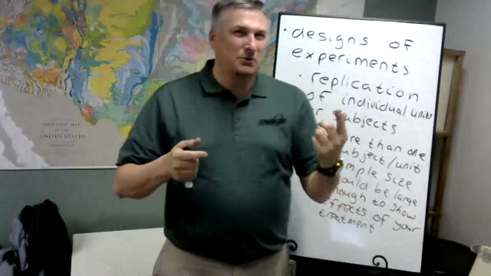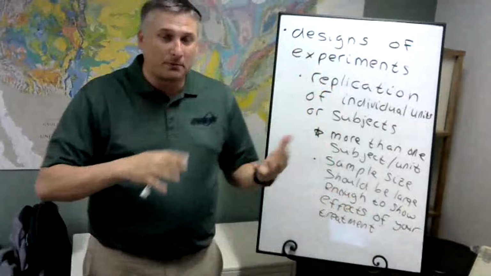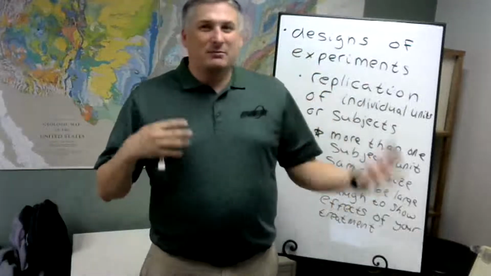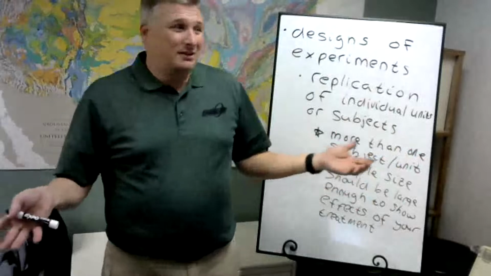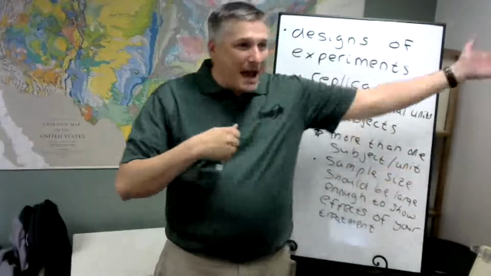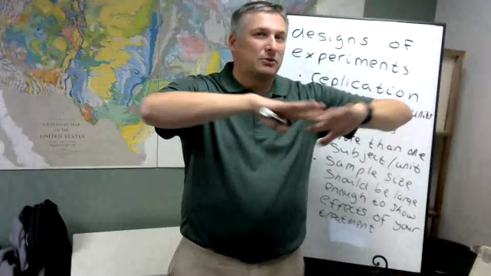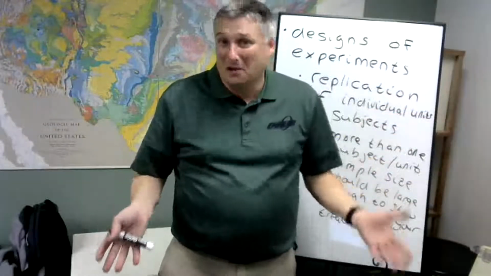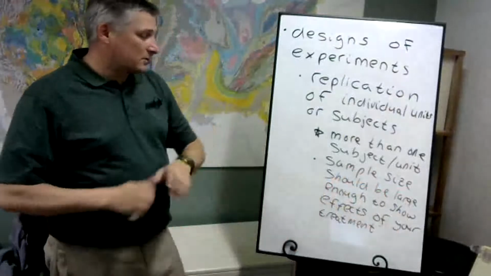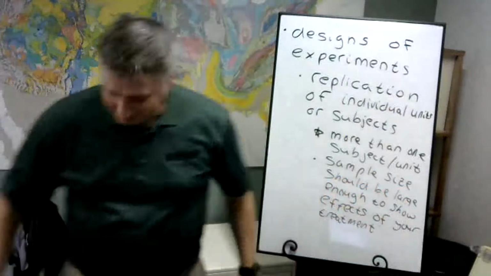You don't want one person or a couple of people, 3 or 4 people, who by random chance all did well, or by random chance nothing changed. But if you added more people to this larger group, you would see a tendency toward improvement, or maybe a tendency toward nothing. So you want to make sure your sample size is big enough.